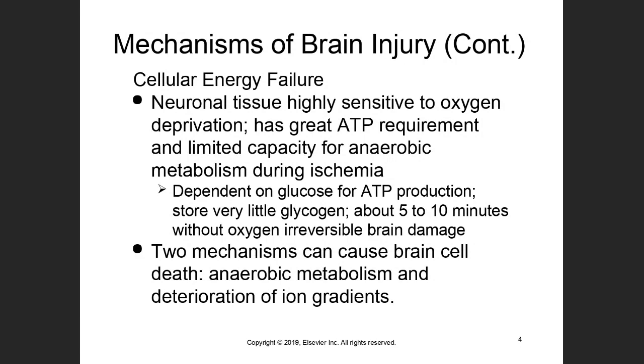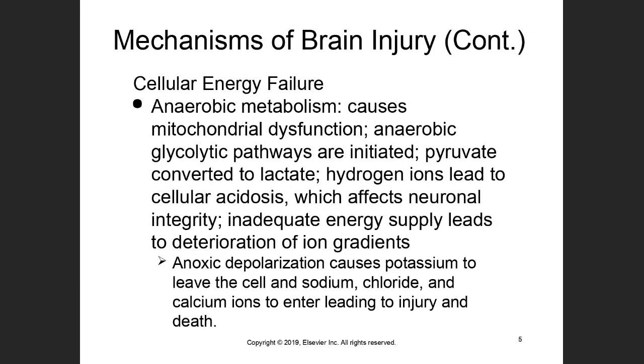Two mechanisms can cause brain cell death: anaerobic metabolism and deterioration in ion gradient. Anaerobic metabolism causes mitochondrial dysfunction. Anaerobic glycolytic pathways are initiated. Pyruvate converts to lactate. Hydrogen ions lead to cellular acidosis, which affects neuronal integrity.